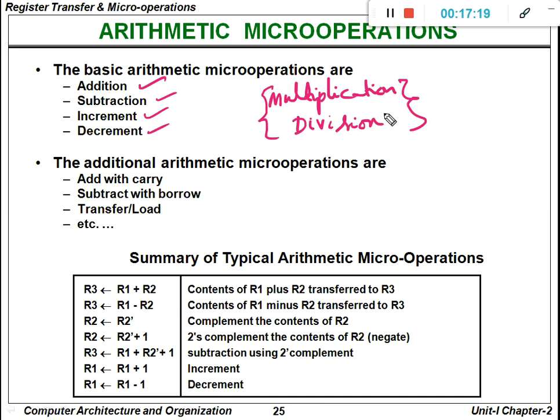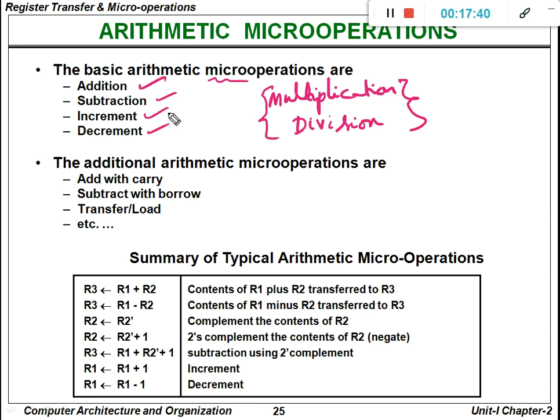So rather, these are not micro operations. As I have said previously, micro operations means very small operations. However, as far as multiplication and division are concerned, we need some complex operations. That is why we are not considering them as micro operations.